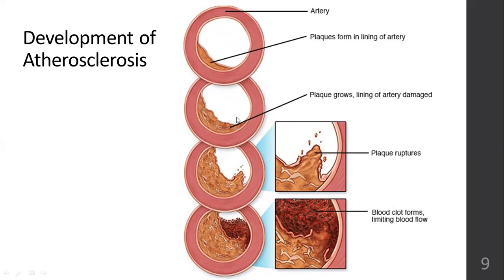Slowly it will grow, and the lining of the artery where the plaque is attached undergoes damage one by one. Sometimes the plaque will have its own blood supply also, because a lot of blood cells have deposited here. It starts behaving like a living cell.